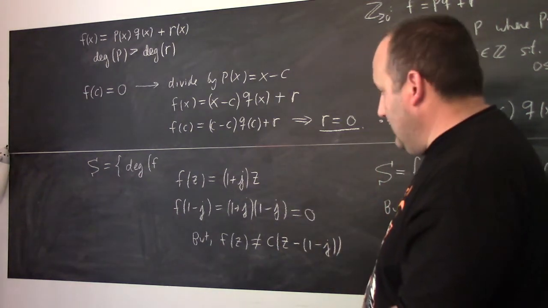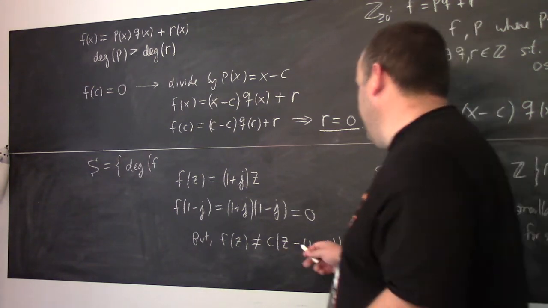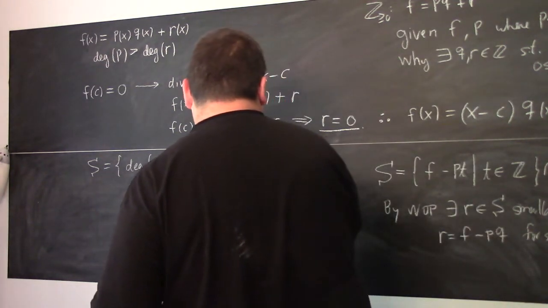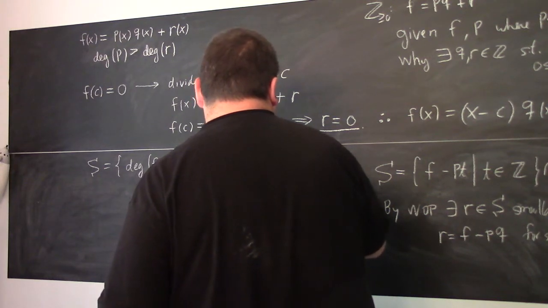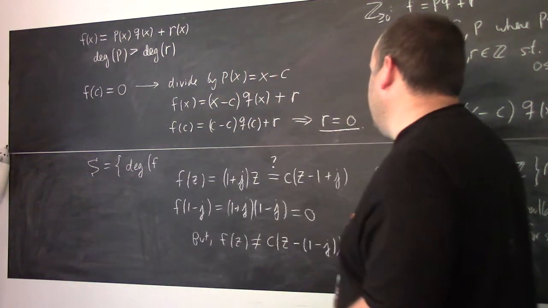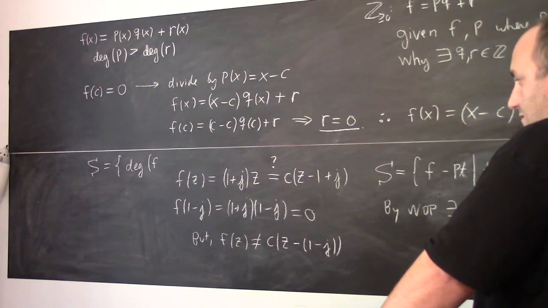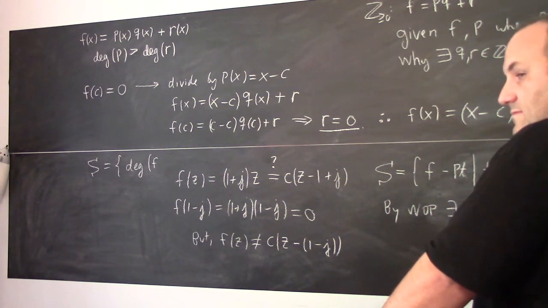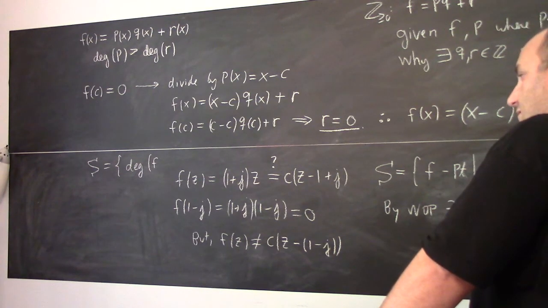So the question is, can you find a c such that this is equal to c times z minus 1 plus j? The answer to that question is tricky. It doesn't look like you can, but I think you can.